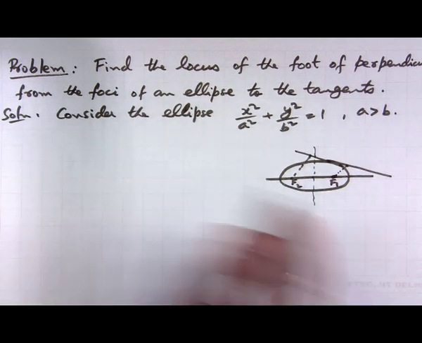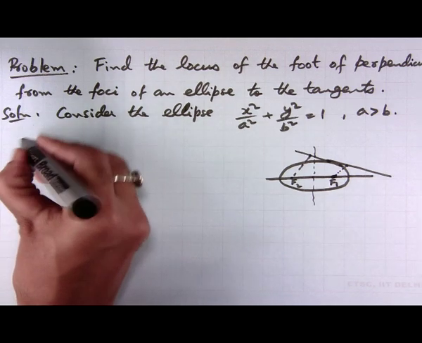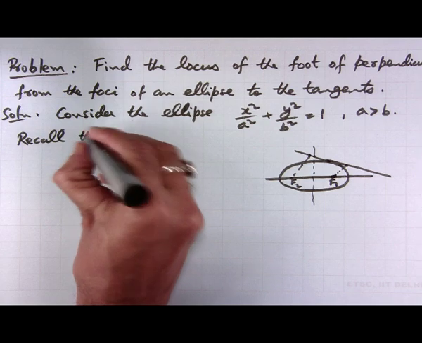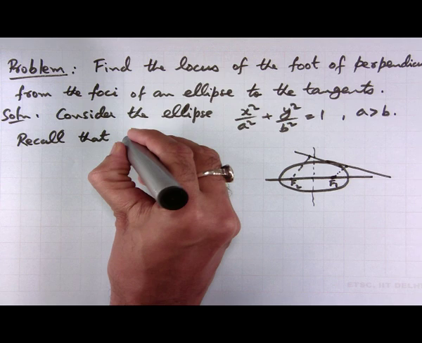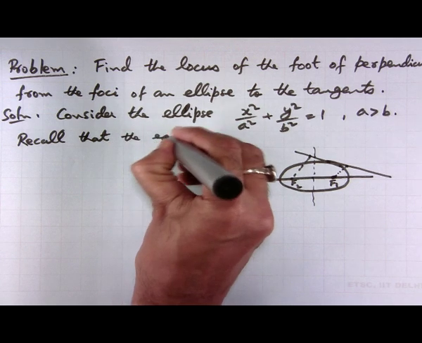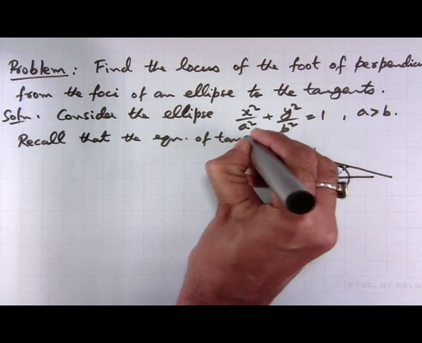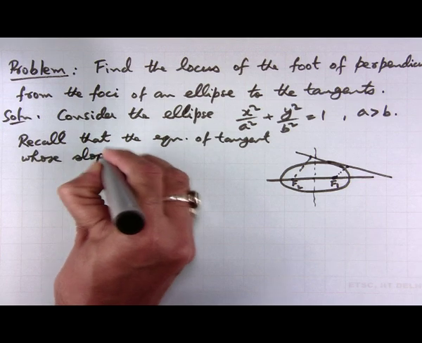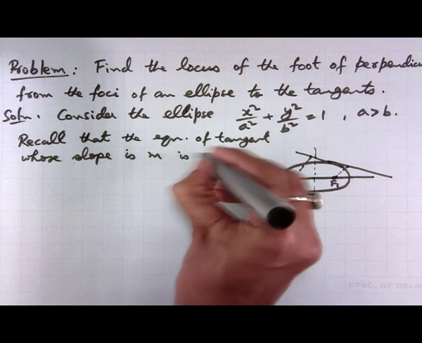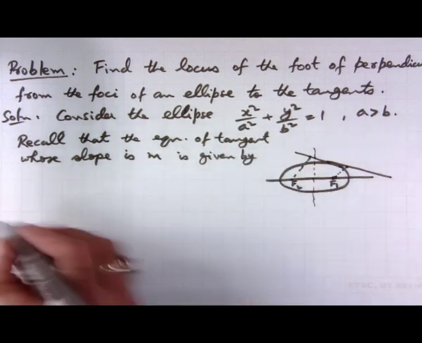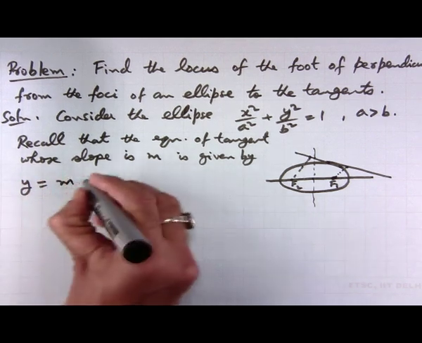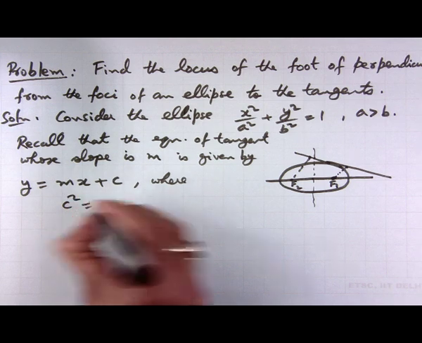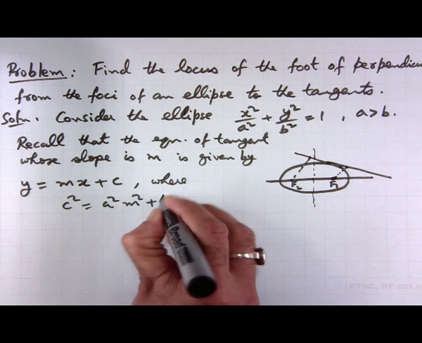So, we know that the equation of tangent, recall that the equation of tangent whose slope is m is given by y equal to m x plus c, where c square is a square m square plus b square.